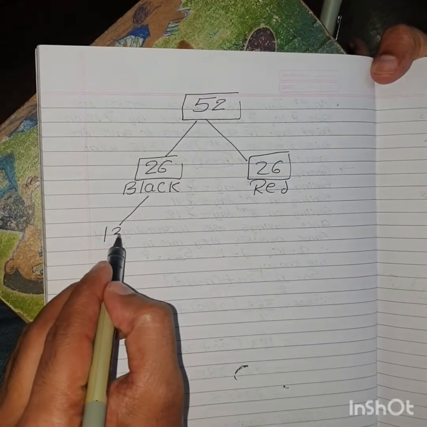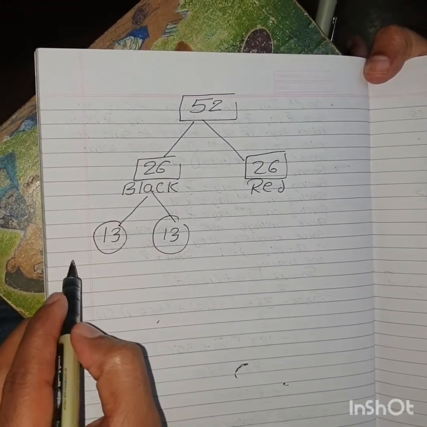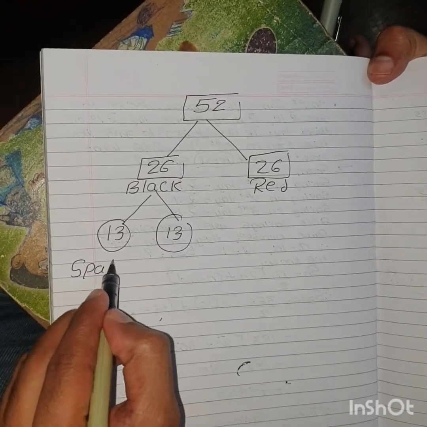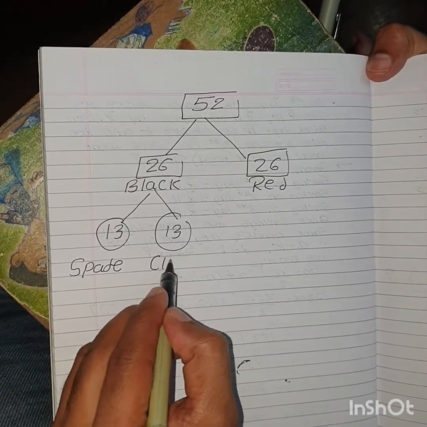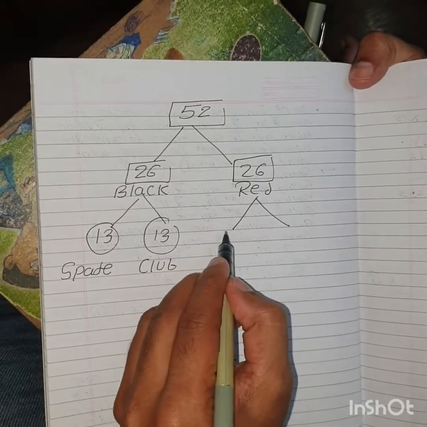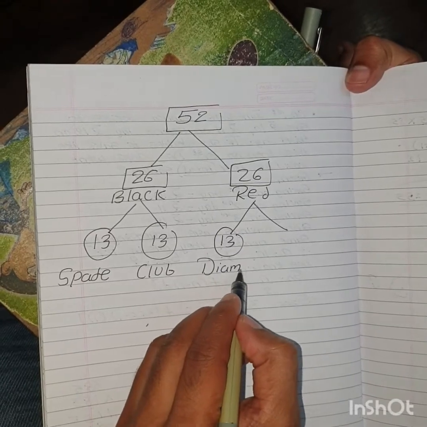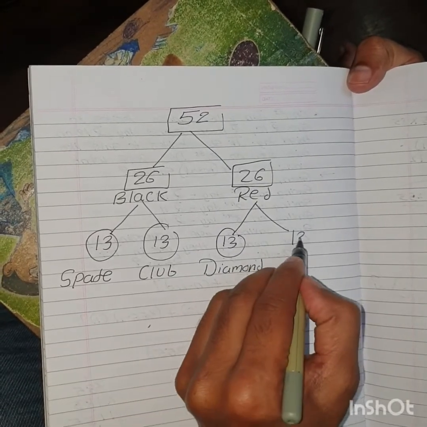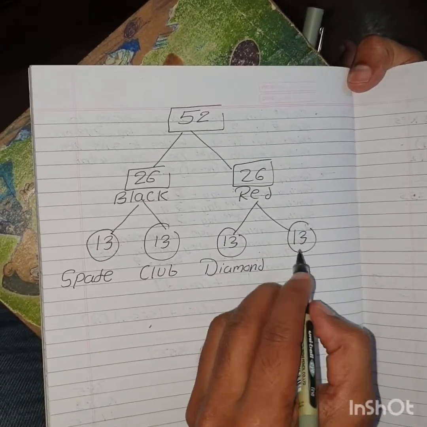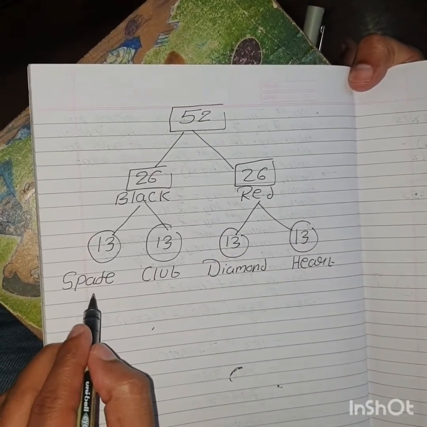Out of 26 black, 13 are of spade, 13 are of club. Out of 26 red, 13 are of diamond, 13 are of heart. Let's try to draw it.